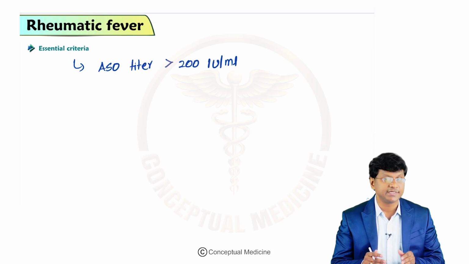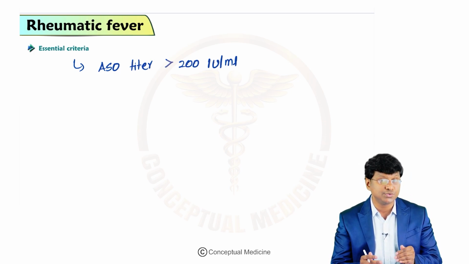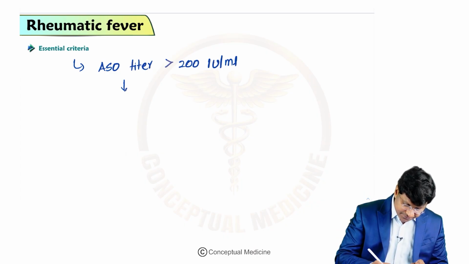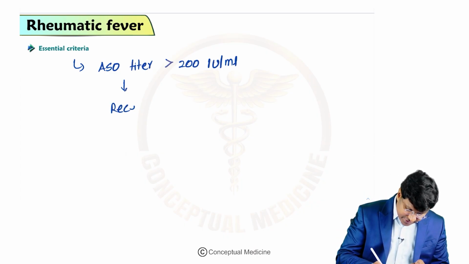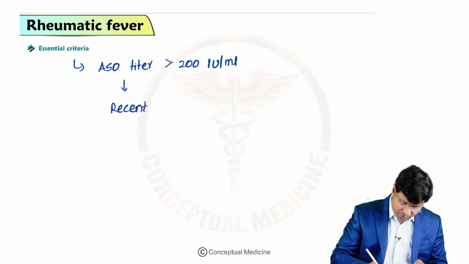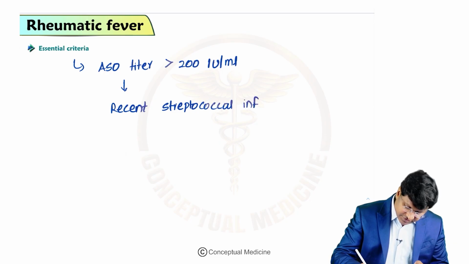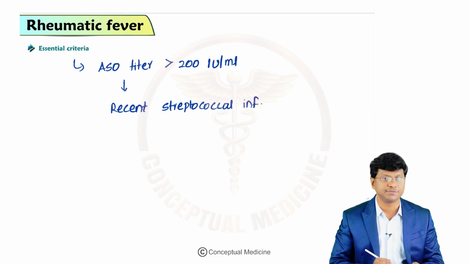What is ASO titer? That is anti-streptolysin O titer. That tells you that the individual has or had a recent streptococcal infection.